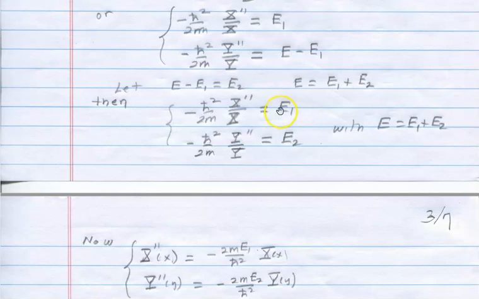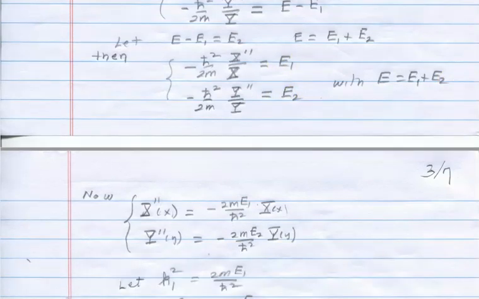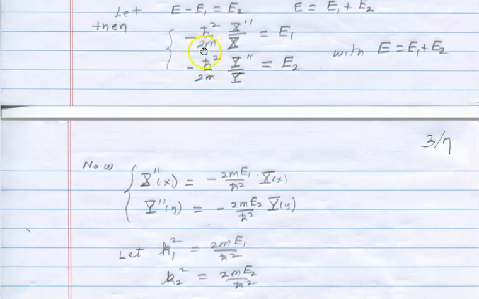And now it's a matter of solving this set of equations. So we move things around as usual, put the 2m over h bar squared minus over to the other side. Since E1 and E2 are positive constants, then the 2mE over h bar squared terms in both of them I can define to be a positive constant.